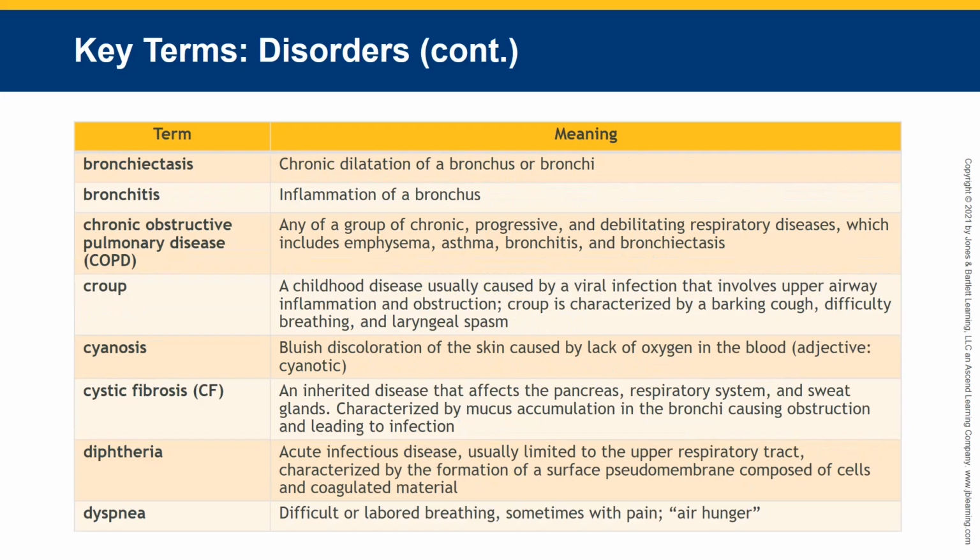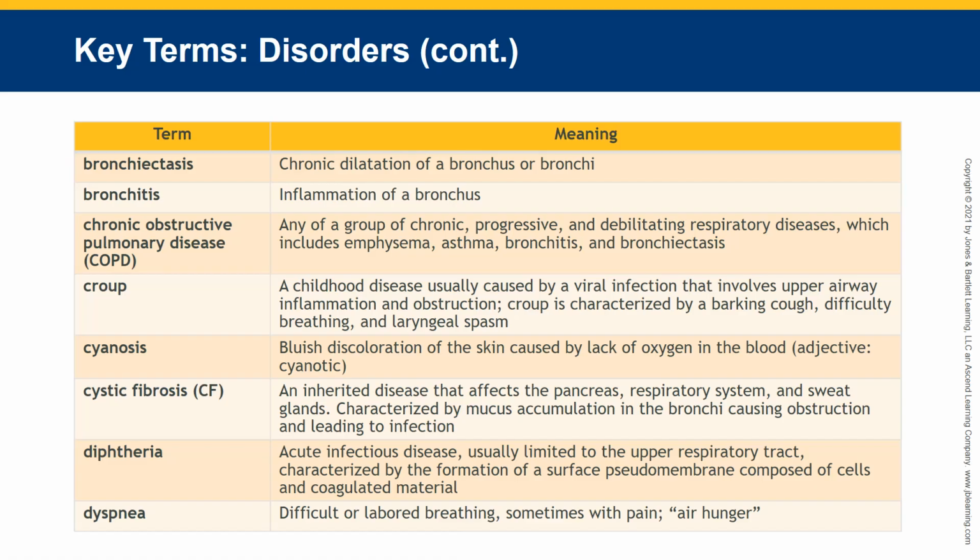Let's see. Bronchiectasis is a dilation. Croup we talked about. Cyanosis is just blue discoloration from not breathing. Diphtheria, we didn't talk about diphtheria.